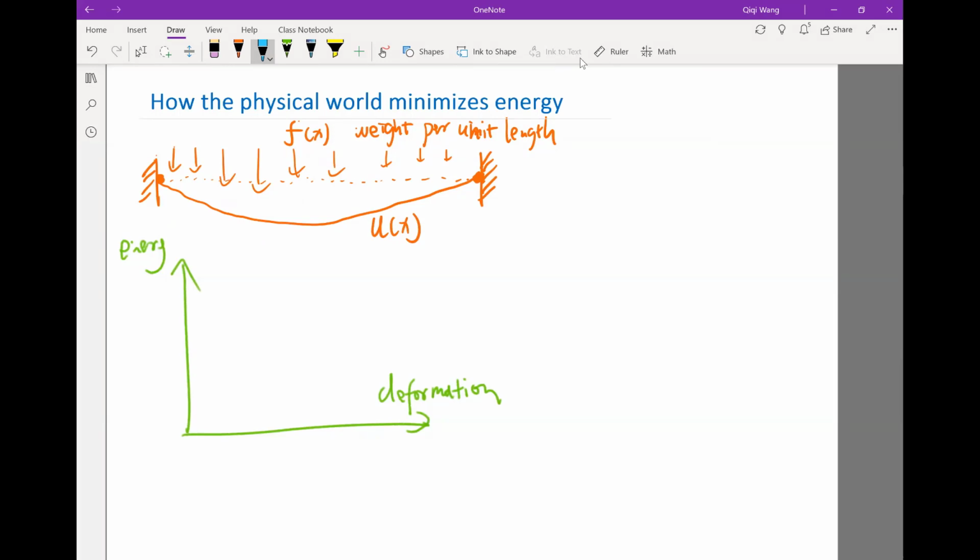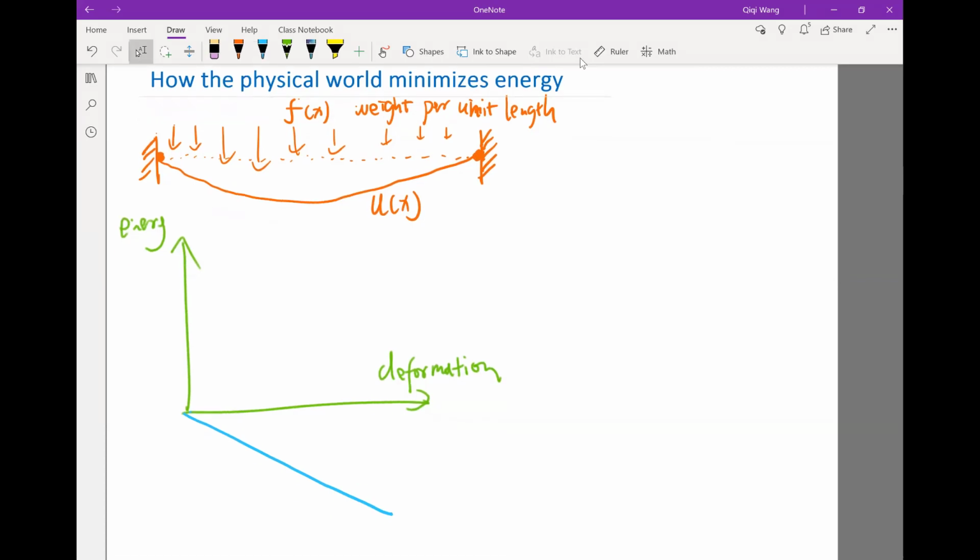I have some kind of gravitational potential energy that looks like this. When I don't have any deformation, this is 0, and if I have deformation, the gravitational potential energy would decrease. I have another type of energy, the elastic potential energy.